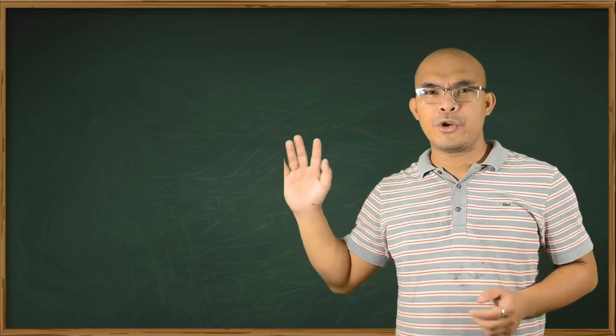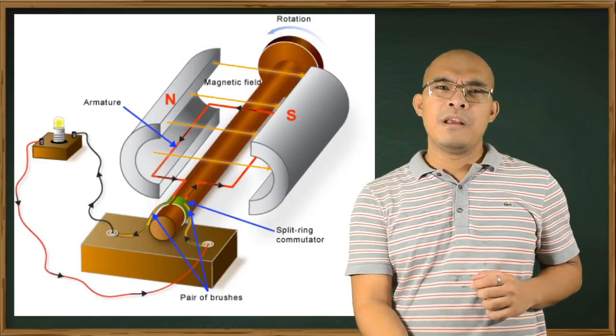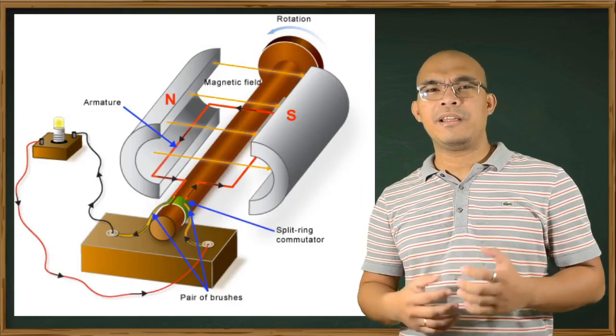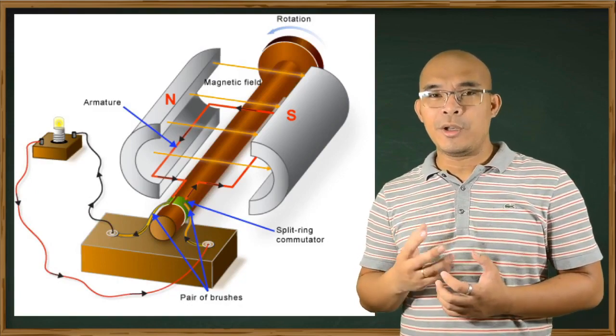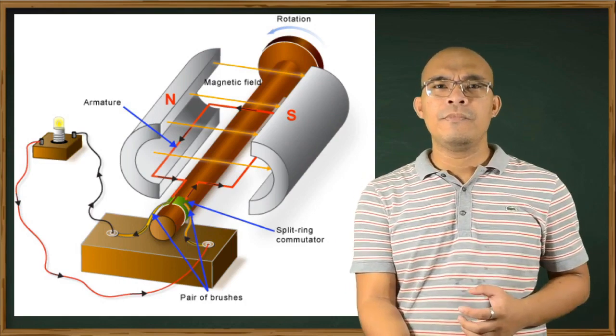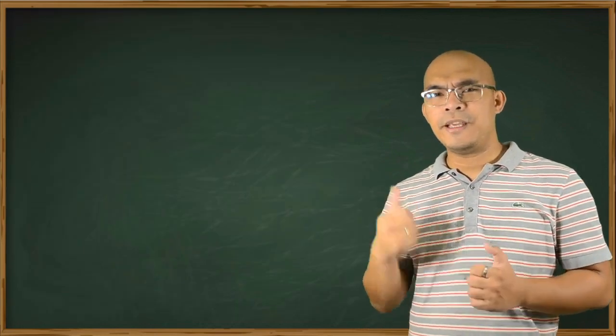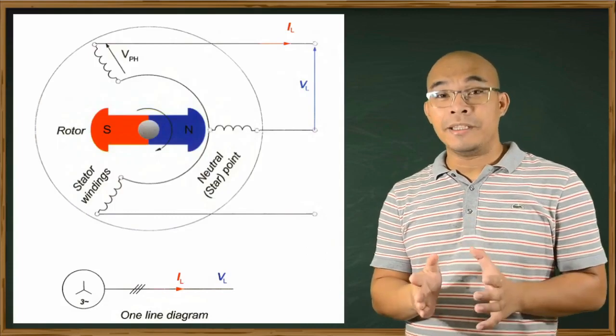The figure here shows the basic construction of a DC generator. As we can see here, the rotating component is the conductor, while the magnet is stationary, indicated by N and S. In contrast, in this figure, the rotating component or the rotor is the magnet.